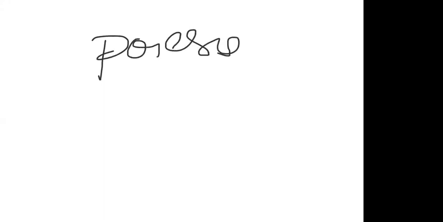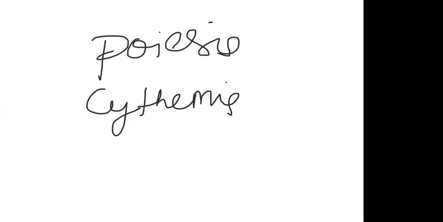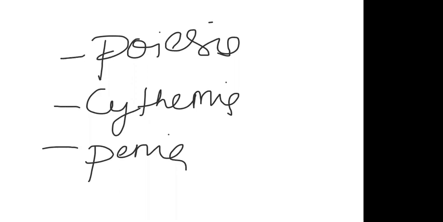So learn three words: poiesis, which means production; cythemia, which means increase in the number; penia, which means decrease in the number. Poiesis, cythemia, penia. Just by adding prefixes to them we can answer everything.